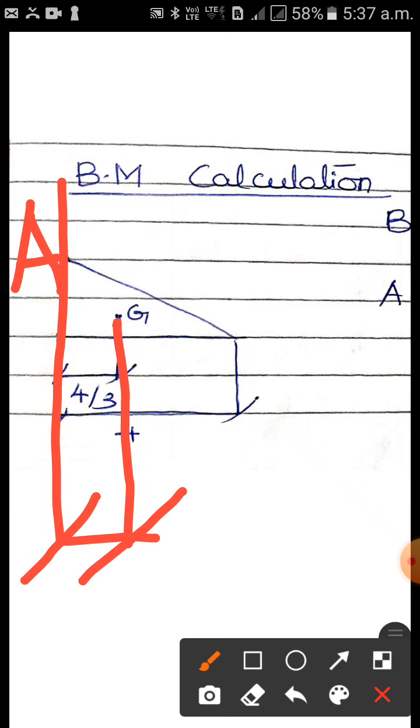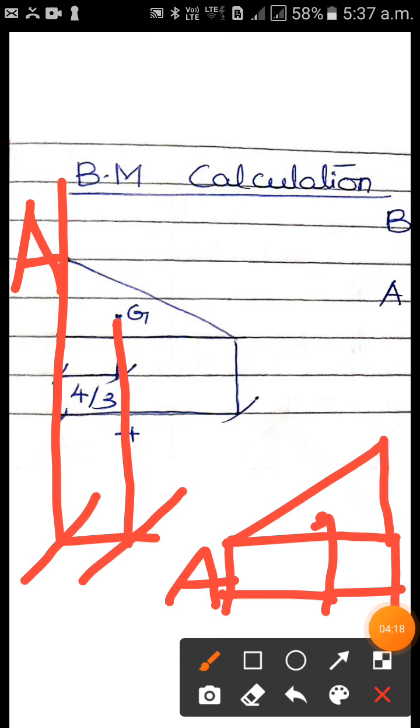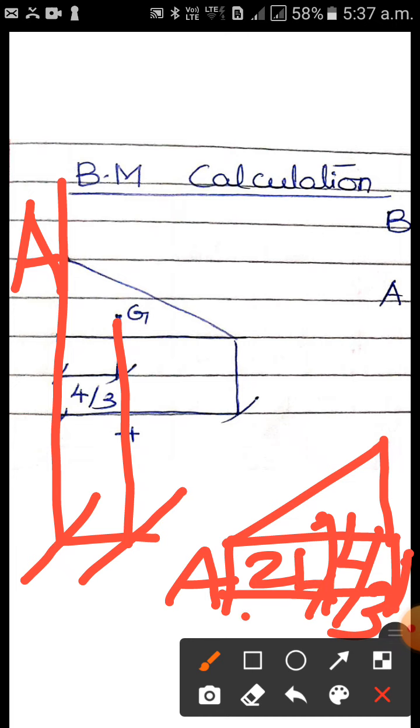Now you can consider one more case. For example, it is like this. At A, it is 0 and 2. For this case, what will be the distance of the centroid? It is 1 by 3 of L, so L by 3 from the straight edge. Here it will be 2L by 3.